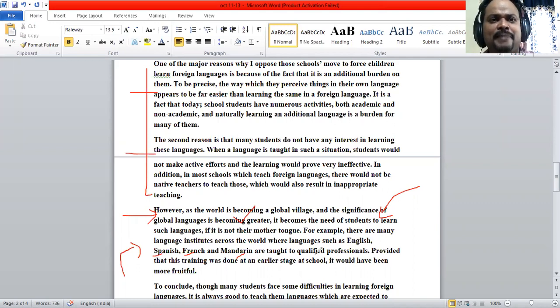Such a communication barrier should have been avoided at an earlier stage. It would have been easier if such education was given to them at an earlier stage at school. So French or English or Mandarin, whatever it is, if it was taught at an earlier stage at school, it would have been beneficial. That's what we have said.